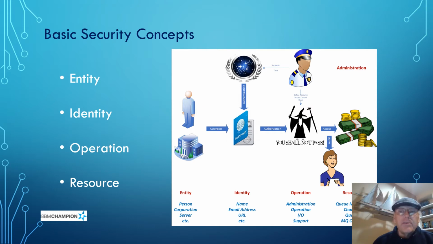So there's different operations, and there's lots of different kind of resources. In MQ, we have what we call a queue, which you can think of in email terms as a mailbox, and we have channels, which you can think of as a TCP socket.